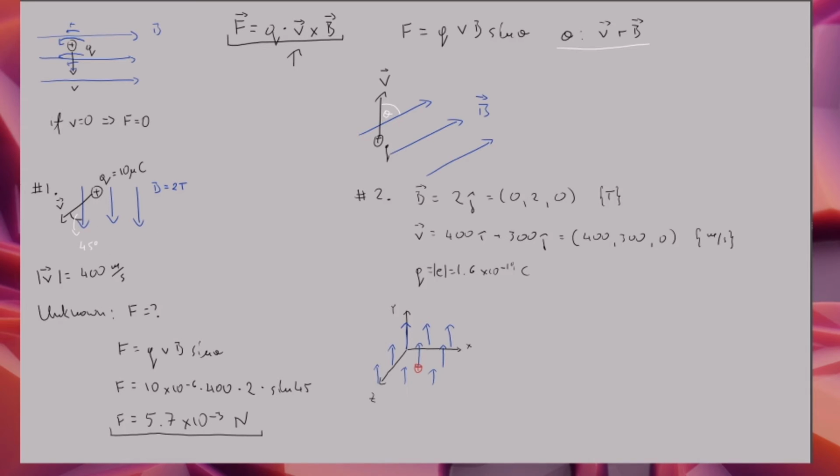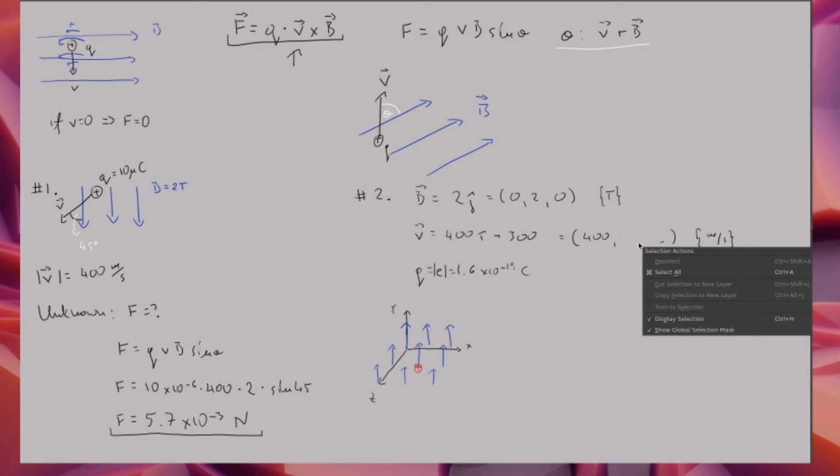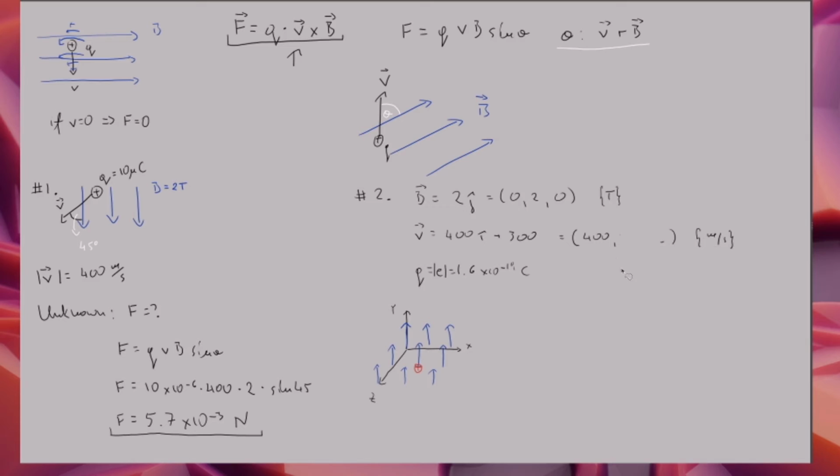So I'm going to call this k hat, and therefore this goes away. That would imply that I have 0 here, comma 300, the last one.